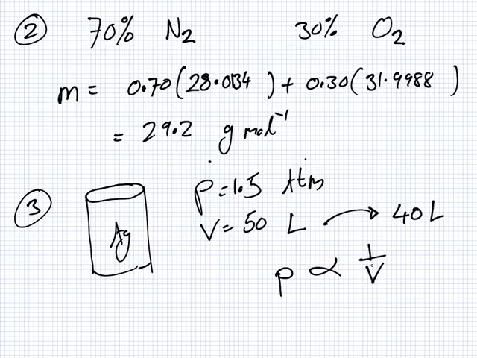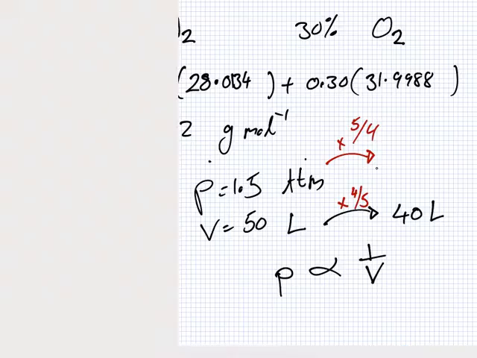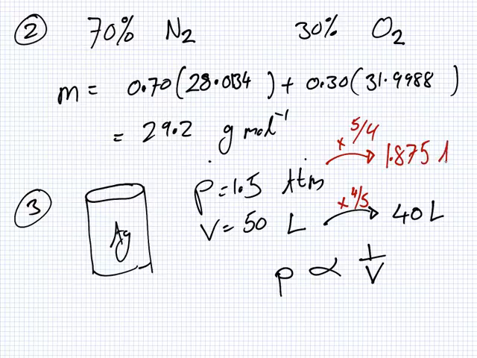So, what do you multiply 50 by to make it become 40? You multiply it by 4 over 5. In other words, the volume has been reduced to 4 fifths. So, what will happen with the pressure? It will increase, by 5 over 4. It has an opposite relationship. So, 1.5 times 5 over 4, and you get 1.875 atmospheres.